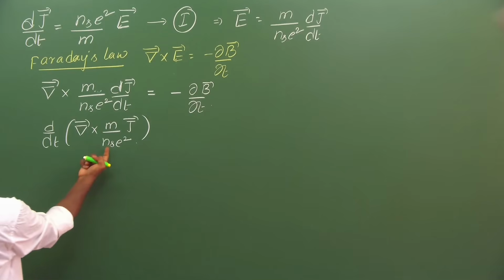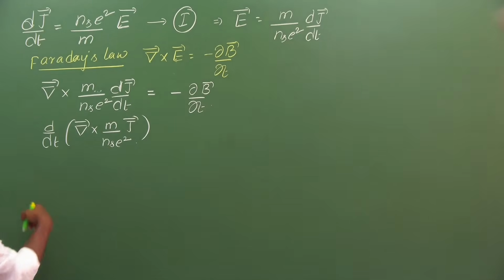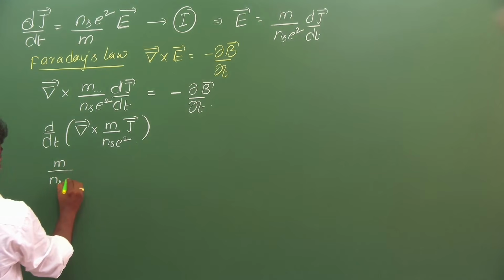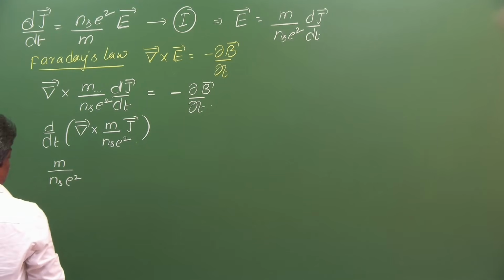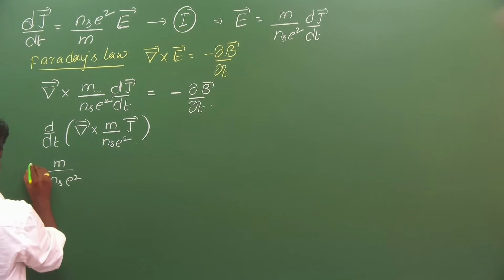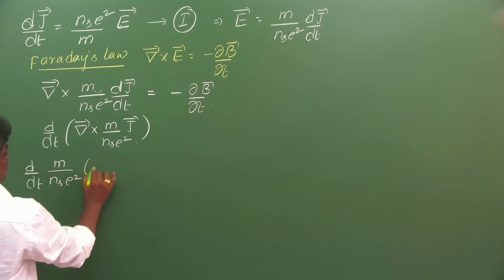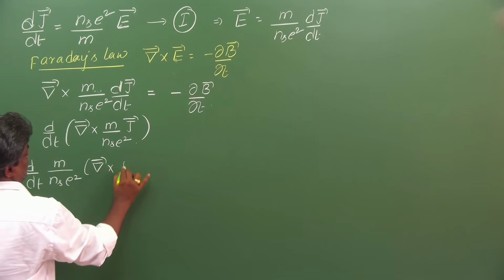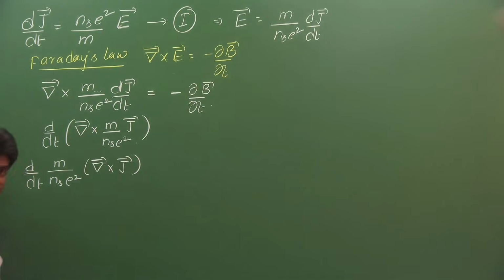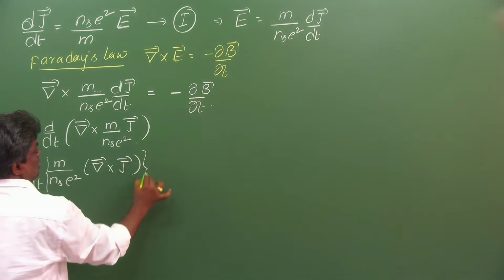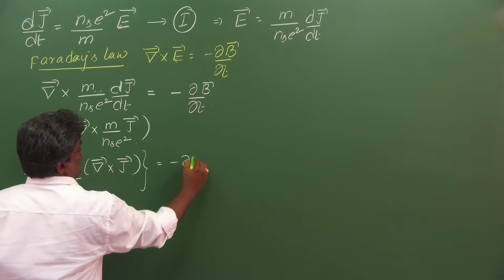And I can write this constant also outside, so it is m by ns e square d by dt of del bar cross J bar. Is it okay? Because everything here is a constant, that's why I have simply written it outside.